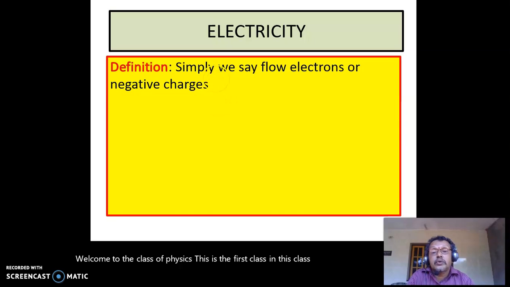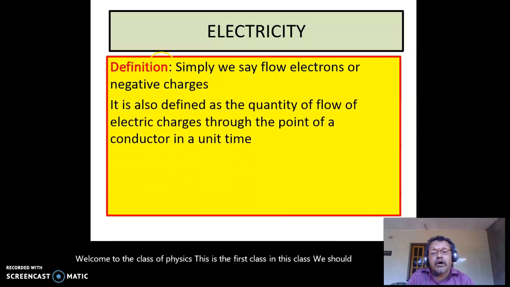Okay. So it is also defined as, this is the real definition: the quantity of flow of electric charges through a point of a conductor in a unit time. What does it mean?